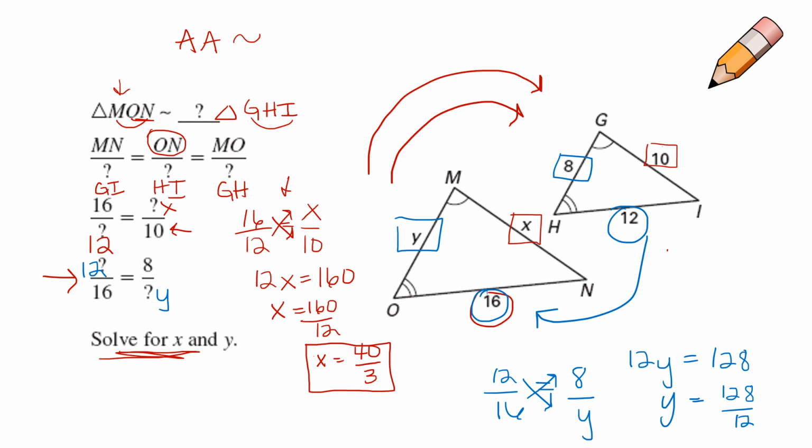Again, I'm going to try 4 going into both of them. 4 goes into 128 32 times, and it goes into 12 3 times. So again, it looks like 3 doesn't divide nicely into 32, so my y value is going to equal 32 over 3.